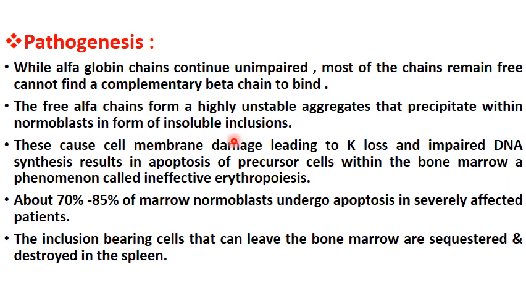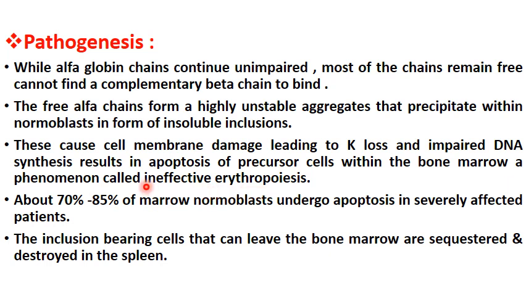What will happen then? It will cause cell membrane damage, which leads to potassium loss and impairment of DNA synthesis, resulting in apoptosis of precursor cells within the bone marrow, a phenomenon called ineffective erythropoiesis.